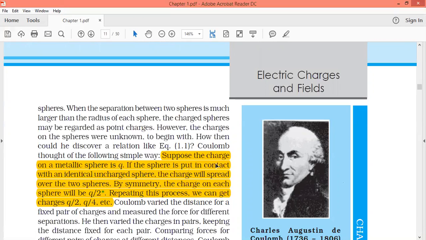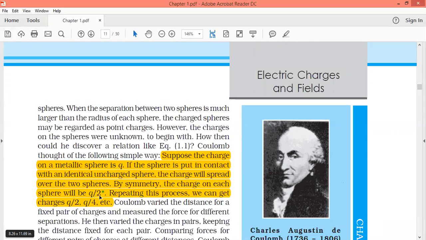If you put them in contact, the charge on the first sphere will be spread to the second sphere. By symmetry, the charge on each sphere will be Q by 2. The total charge is Q, spread between two spheres, so each sphere now has Q by 2.